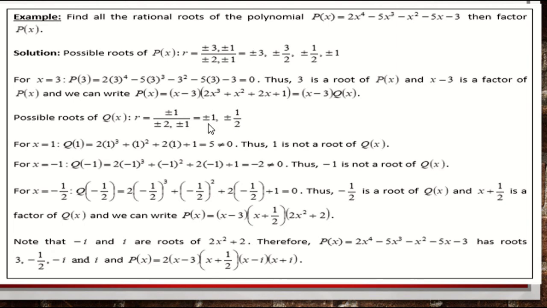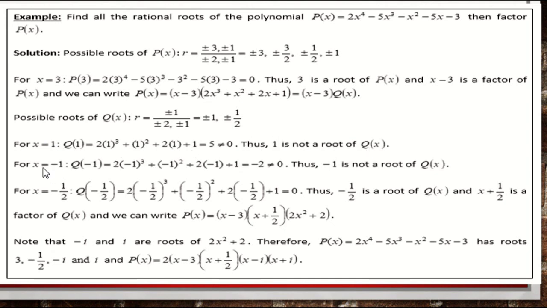Okay, let us try positive 1. For x equal to 1, we substitute 1 for x here. After substituting 1, the result is 5, not 0. Thus, 1 is not a root of q of x, so x minus 1 is not a factor.